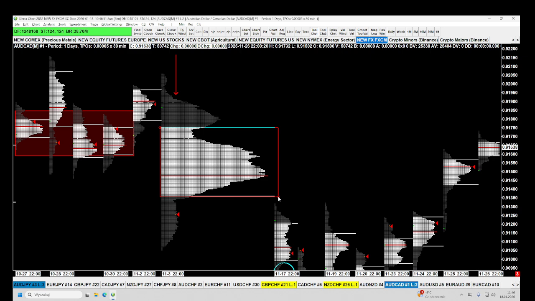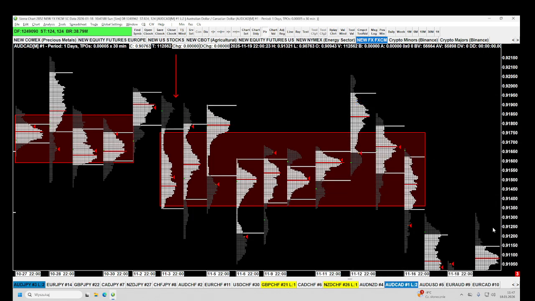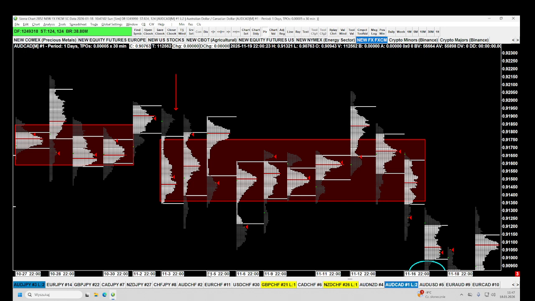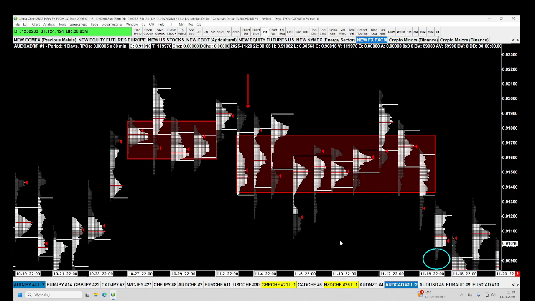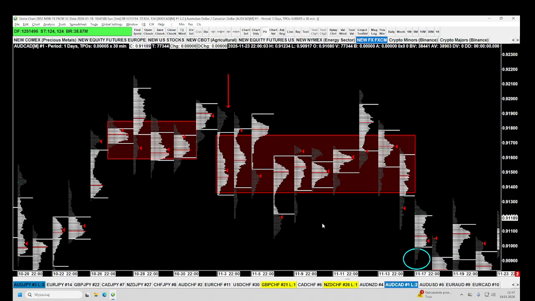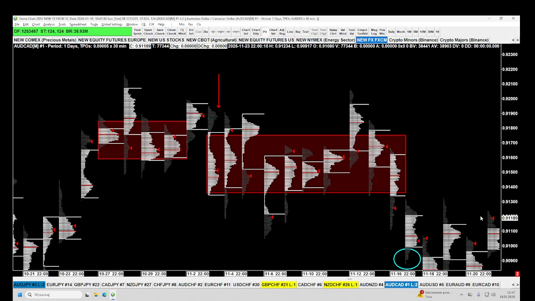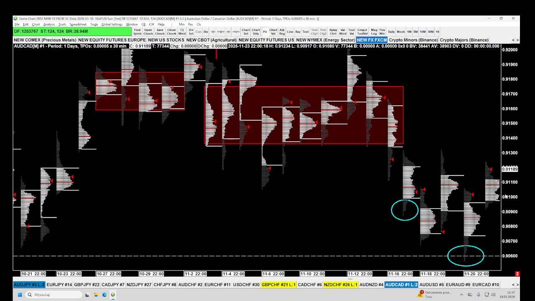I can see that I have another composite value area from multiple days, and what I'm looking for in this strategy is at least two of those blocks. This block has to be overlapping with this one in order to have a valid mother of all patterns setup.